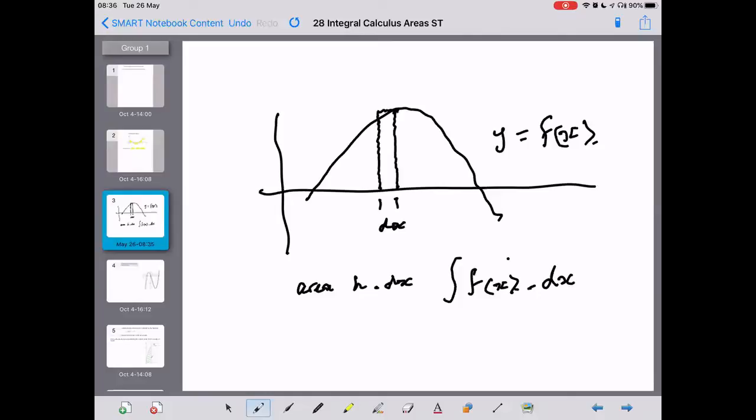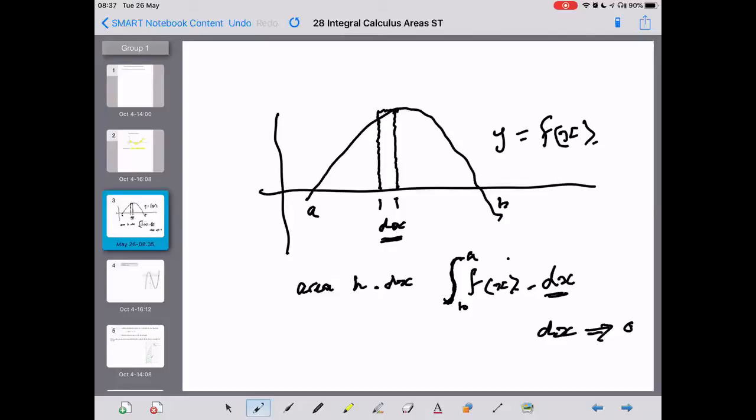So what this sign here means, between the limits, let's say a and b, is sum up all the heights times dx, and it's doing that when dx is tending towards 0.